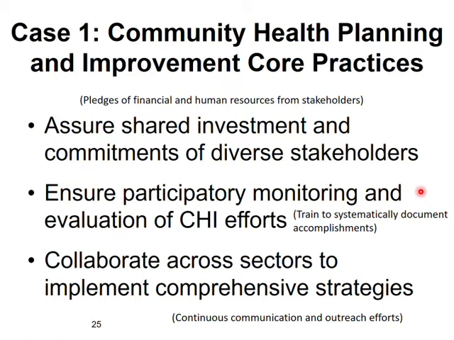Whatever accomplishments were made during the strategic process needed to be documented properly. And then they also needed to make sure that they were communicating their findings, communicating the needs, and that there was ongoing discussion. That is why it's important to have collaboration across all the sectors and try to help implement the strategies that they came up with.